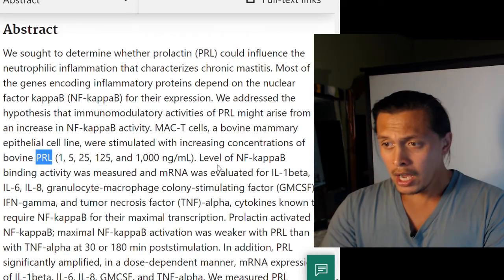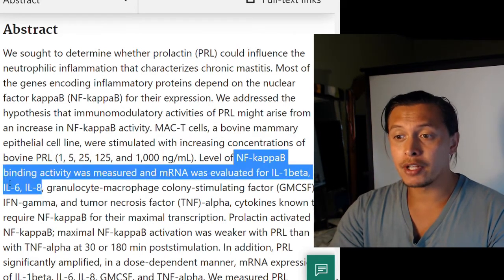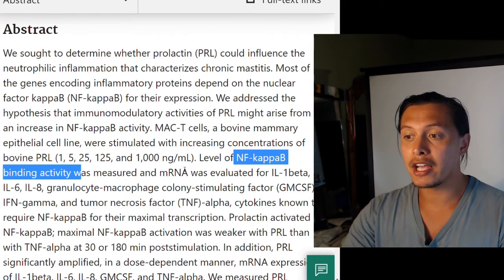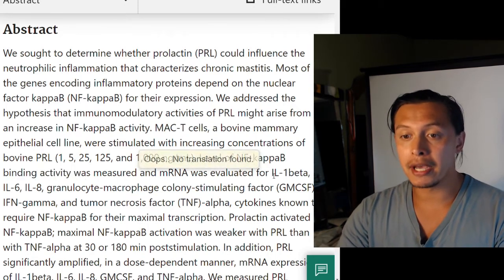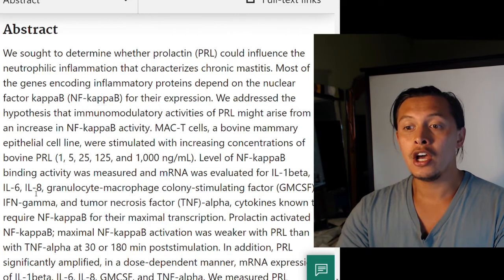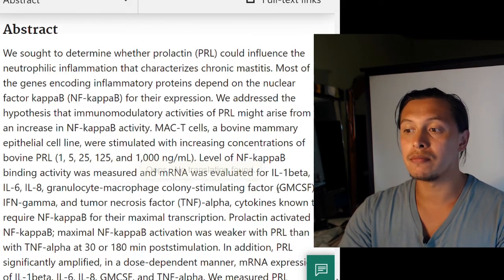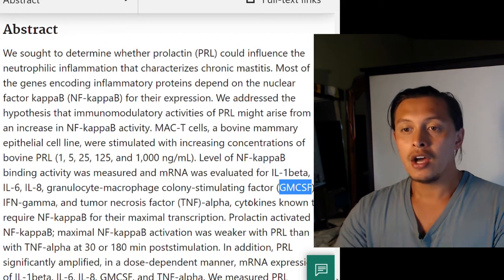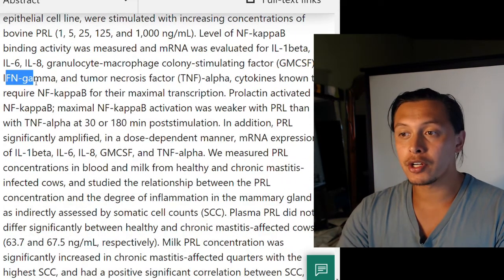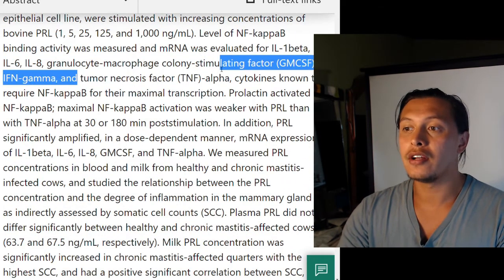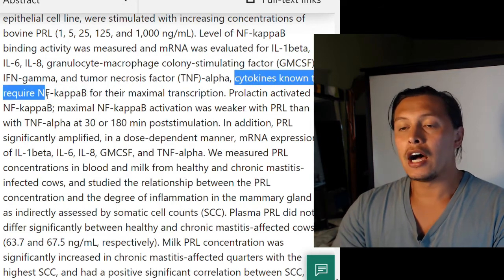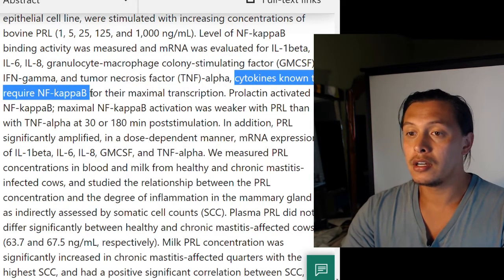So the level of nuclear factor kappa B binding activity was measured, and mRNA was evaluated for interleukin 1 beta, interleukin 6, interleukin 8, granulocyte macrophage colony stimulating factor, also known as GM-CSF, interferon gamma, and tumor necrosis factor alpha, and other cytokines known to require nuclear factor kappa B.